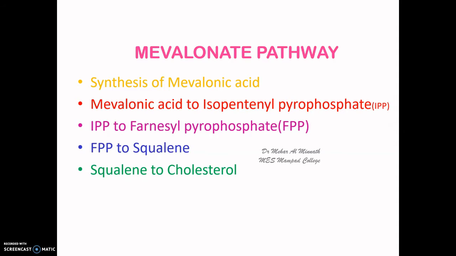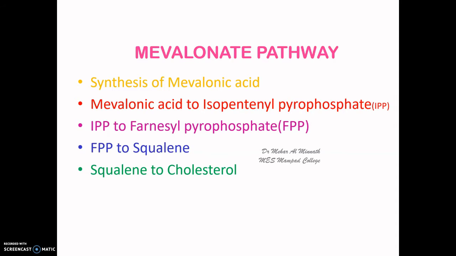So, we can say that cholesterol becomes the starting material or precursor for the synthesis of the rest of the steroids. So it starts with acetyl-CoA and then we get cholesterol, and from cholesterol most of the other steroids are synthesized. This is the mevalonate pathway. We shall discuss in much more detail each step.